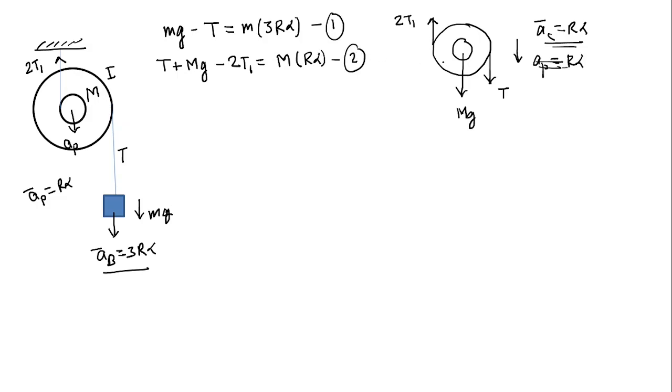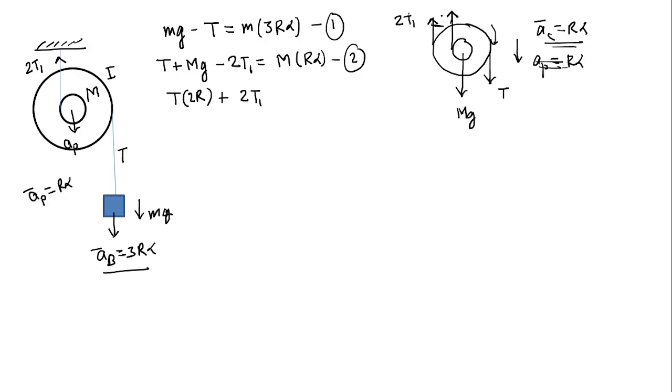Okay. Third equation will involve the rotational equation of this. So for rotation, what is the total torque? Torque in this direction is T times 2r plus 2T1 times r. This T1 should be drawn here because it is here.